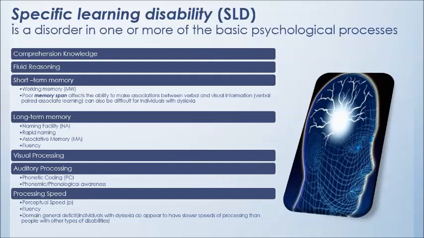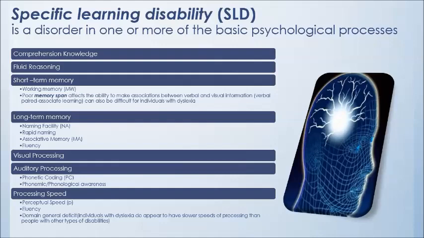Your fluid reasoning refers to a type of thinking that an individual may use when faced with a variety of new tasks that cannot be performed automatically. And basically, this ability measures your problem-solving skills or abilities. I also want to express that these abilities have weights, and most of the weights are in your crystallized knowledge and your fluid reasoning.